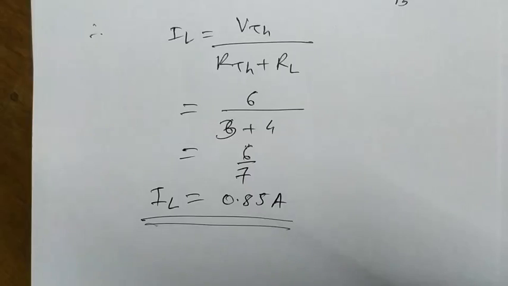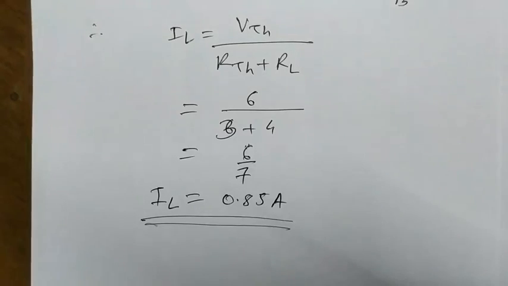But there are some limitations for Thevenin's theorem. Thevenin's theorem can only be applied on linear circuits. It cannot be applied on non-linear circuits. This theorem also cannot be used to determine the efficiency of the circuit.